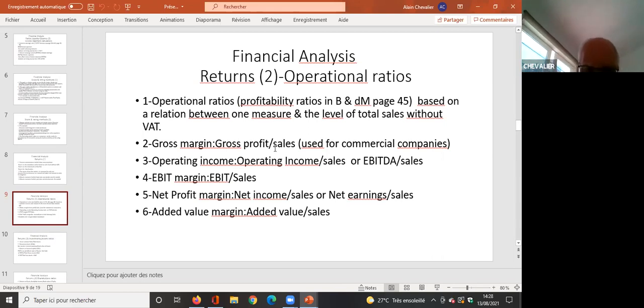Just a few words on gross profit. Why is it so important for commercial trading companies? Because generally, gross profit to sales is very small. If you take what we call in national accounting production and consumption, and you deduct consumption from production, you get something very often around 10%. But the fact that you have 8% or 11% is a great difference.